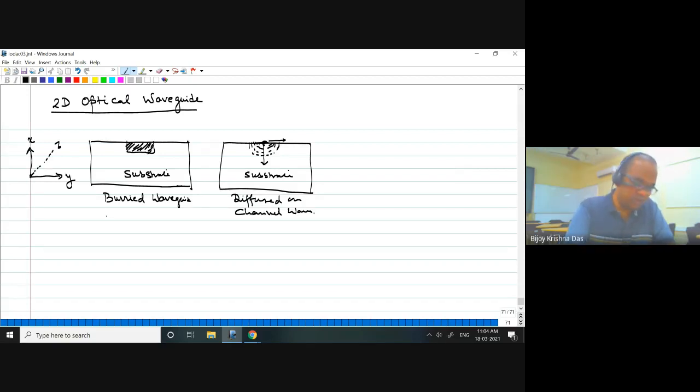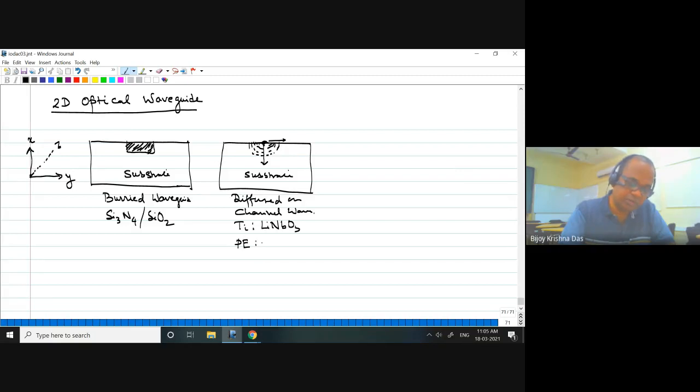For this waveguide you can normally think of silicon nitride core, Si3N4, and silicon dioxide as a cladding material. And this type of waveguide is titanium indiffused lithium niobate, very popular. One example I am giving: in a lithium niobate crystal, titanium is indiffused, and solid state diffusion can take place at higher temperature. Sometimes it is also a proton exchange.